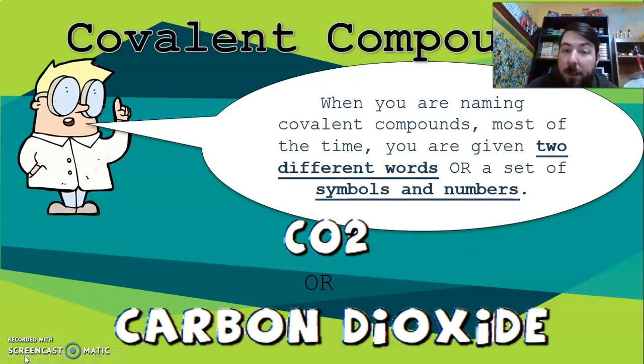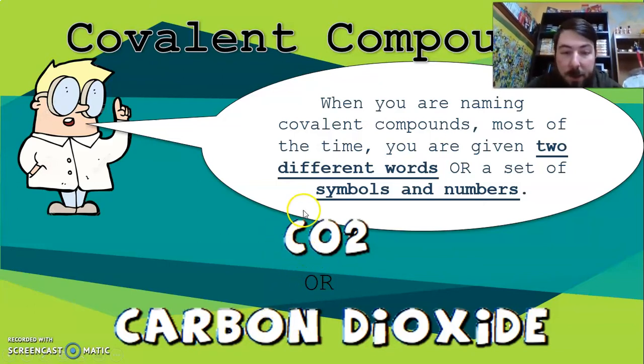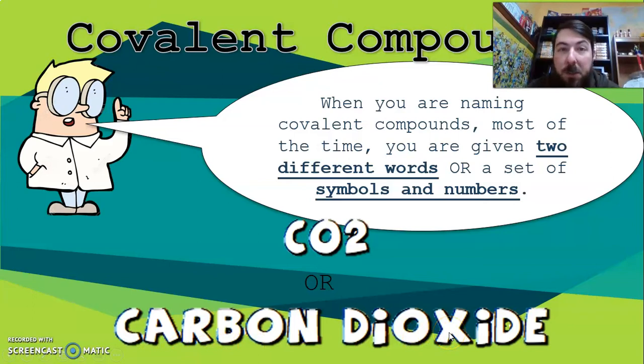When you're naming covalent compounds, usually you're given something that looks like this, and we need to translate it into a name. So this element here is carbon, and this element here is oxygen. Its name is carbon dioxide, which I'm sure you guys have heard of before. But we're going to look at some of the rules to figure out how we name the compound.